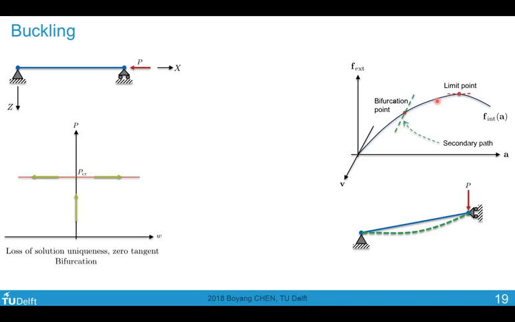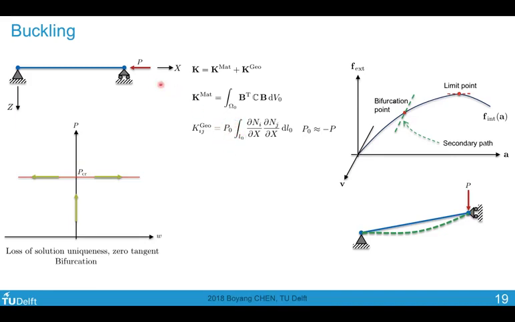Mathematically, this loss of solution uniqueness or bifurcation would mean that our tangent stiffness becomes singular along a certain direction. So we have now our tangent stiffness composed of our material tangent and geometric tangent stiffness. We know that material tangent stiffness is of this expression, and geometric tangent stiffness for this case of a beam scales with respect to our axial force loading.